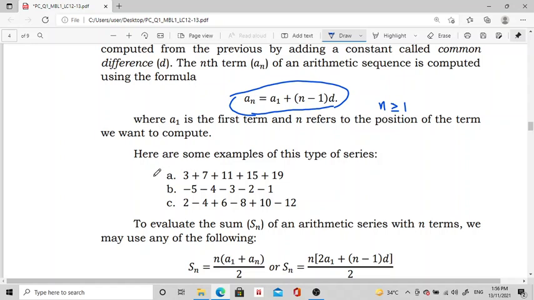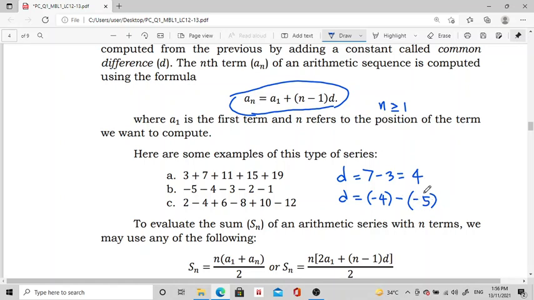As you can see in letter A, there is a common difference. And the common difference is 7 minus 3, that is 4. So that's how you compute a common difference. While in letter B, ano kaya ang ating common difference? So, negative 4 minus negative 5. This is minus negative.